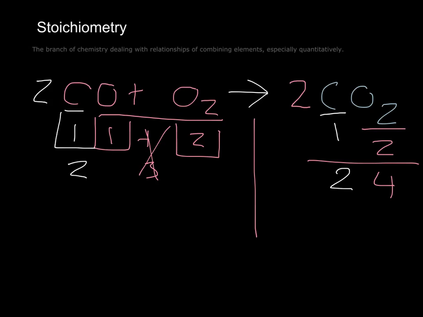Cross that out, that's no longer relevant. And then 2 times 1 oxygen would give us 2 oxygens right here, plus bring this down because it stays the same. We did not change that. And that will give us 2 plus 2 oxygens equals 4. We have 2 carbons on our product side, 2 carbons on our reactant side, 4 oxygens on our product side, and 4 oxygens on our reactant side. So our equation is now balanced.